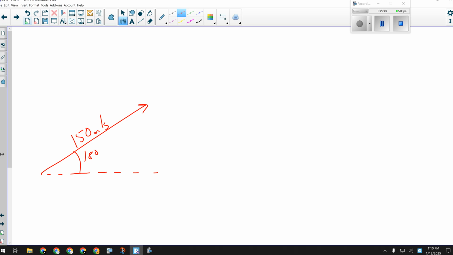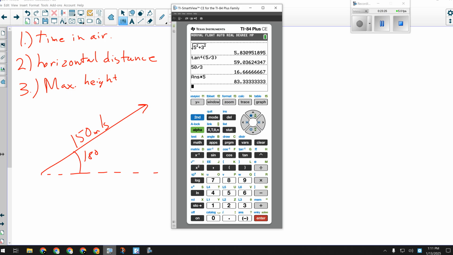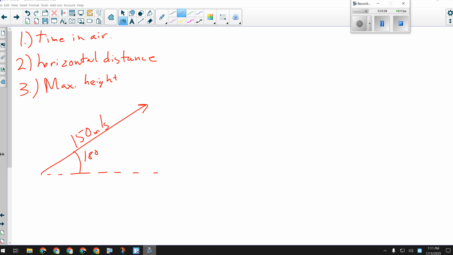What I want calculated is the time it's in the air, horizontal distance, and max height. Okay, so let's have a look at this one here.